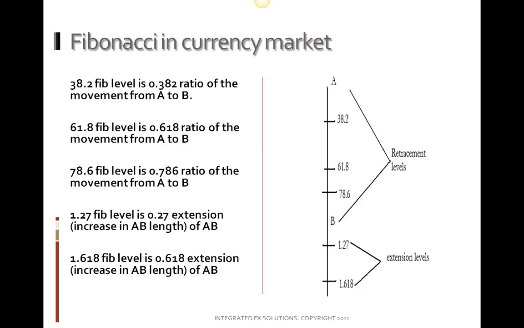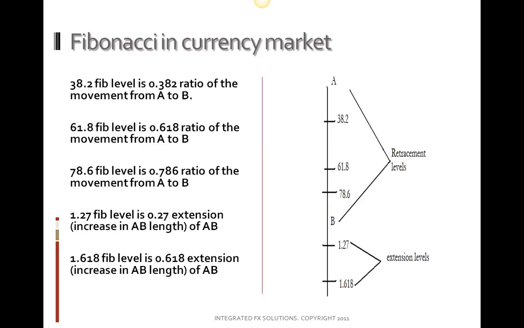When price moves to the 1.618 Fib level extension, it's a 0.618 extension increase in the length of AB. So when price moves outside AB by 61.8%, we say it has extended beyond AB by 61.8% to give the 1.618 Fibonacci extension.